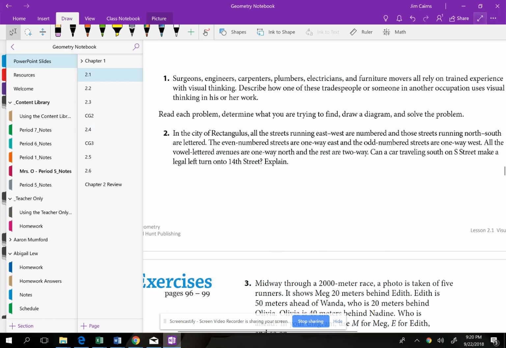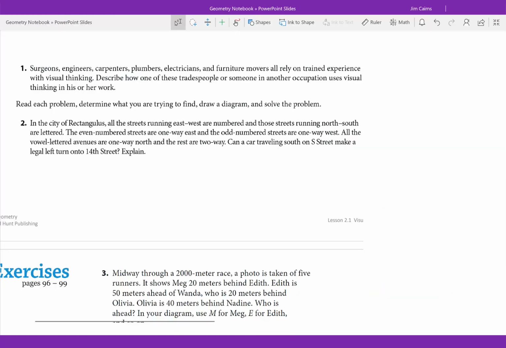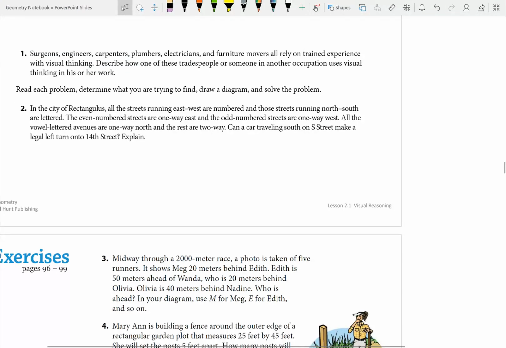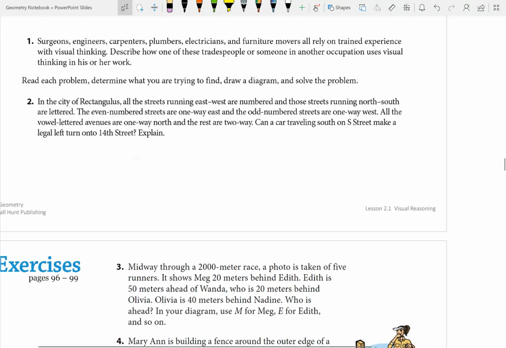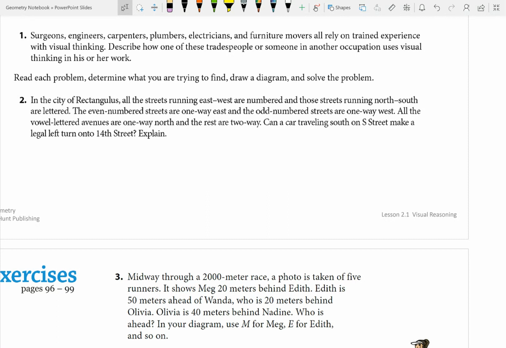All right, I'm going to go over the homework in lesson 2.1, numbers 2 through 5. In the city of Rectangulus, all the streets running east to west are numbered, and those streets running north to south are lettered.